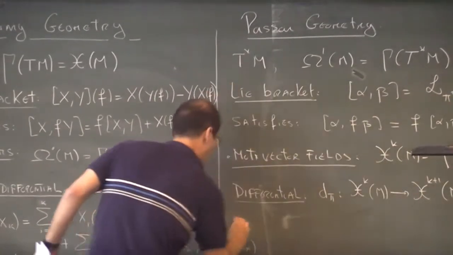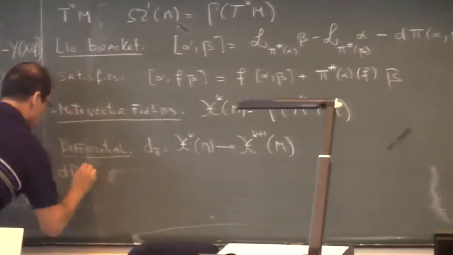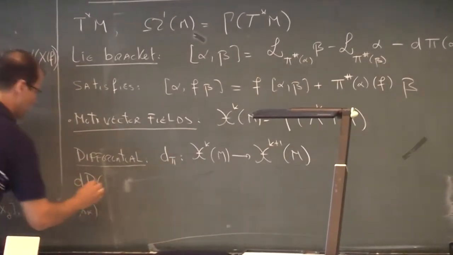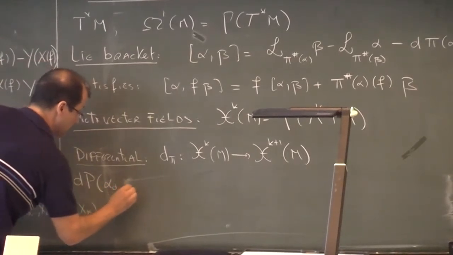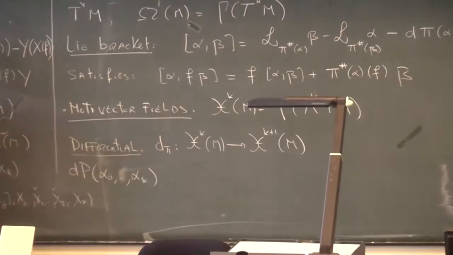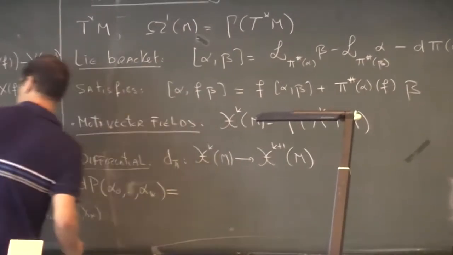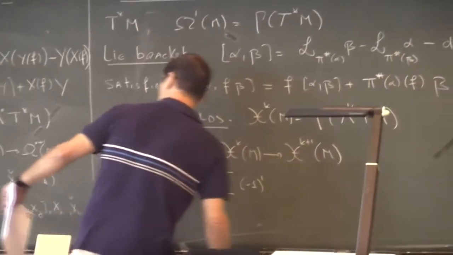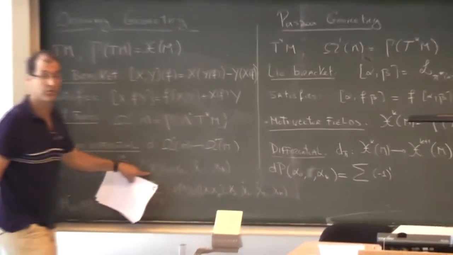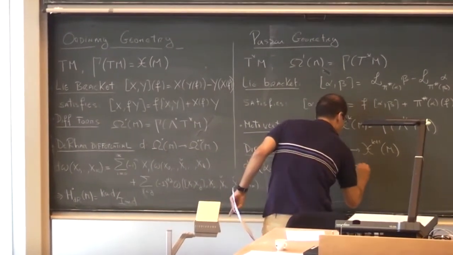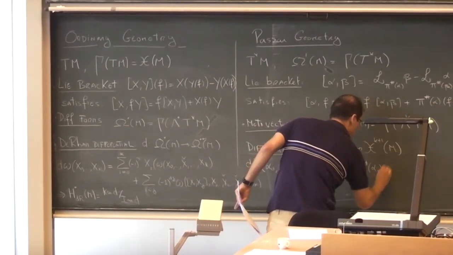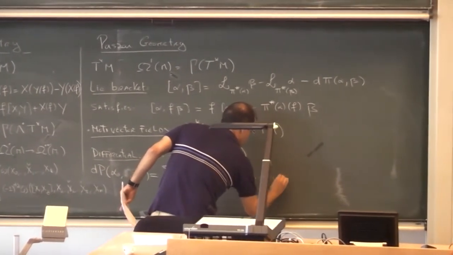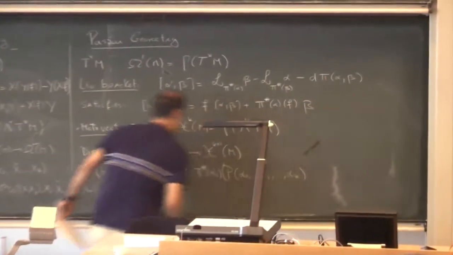And the formula is almost identical. So if I have a multi-vector field of degree k, the differential is a multi-vector field of degree k plus 1, so I have to say what it does on k plus 1 forms. And again you have the same kind of formula. The only thing is, whenever you have to act by a one form, you have to first make it into a vector field, so you use the Poisson tensor. Okay?